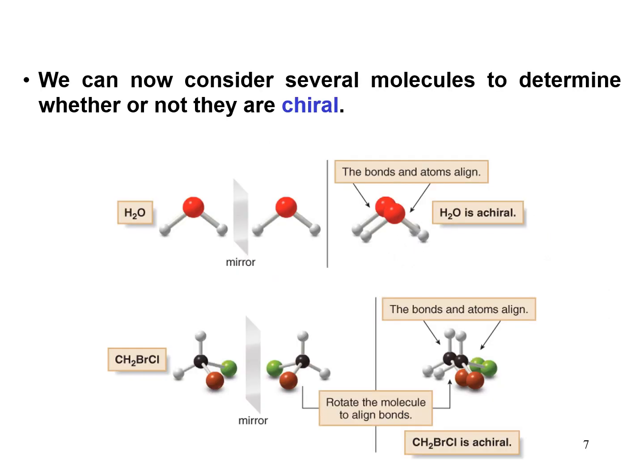So we can now consider several molecules to determine whether or not they are chiral. Have a look at water. Water is achiral because oxygen at the center is surrounded by 2 hydrogens in a bent or V shape. Due to this, 2 similar hydrogens are attached to oxygen. So if a compound has at least 2 substituents that are similar, it is said to be achiral.